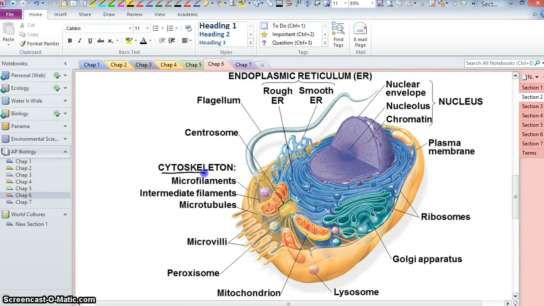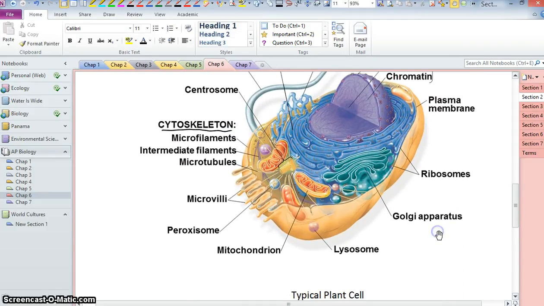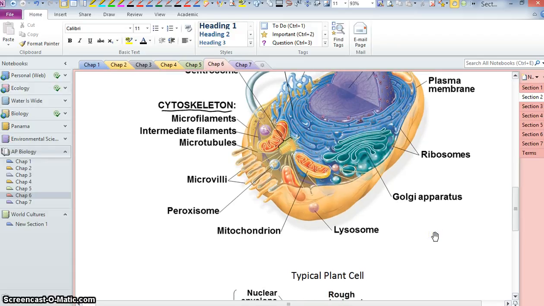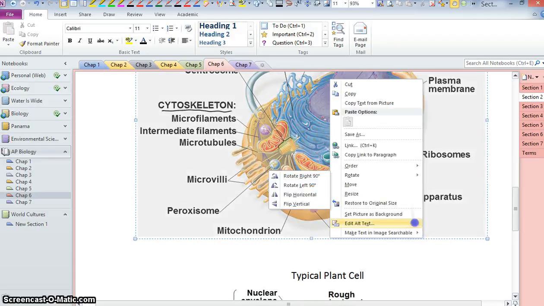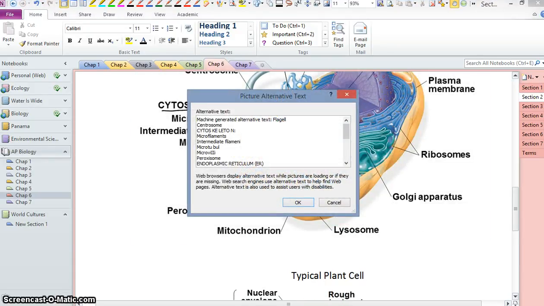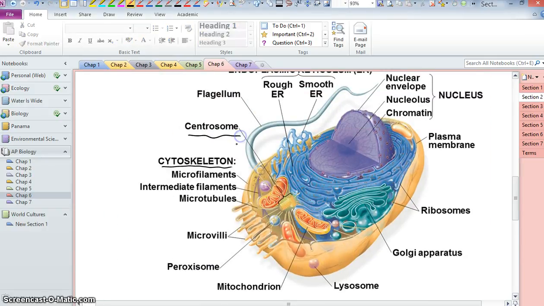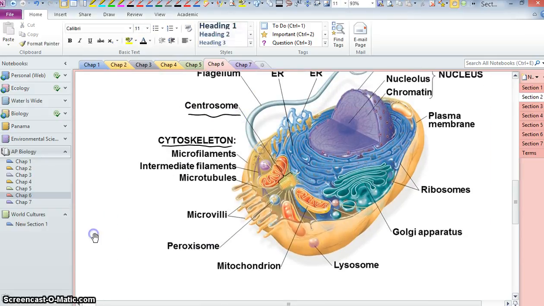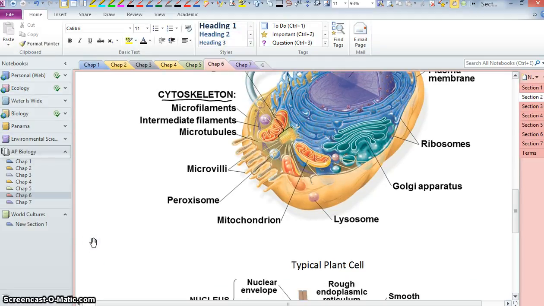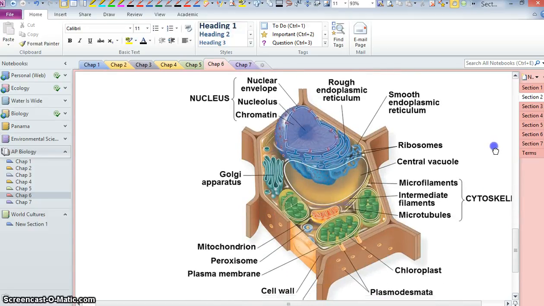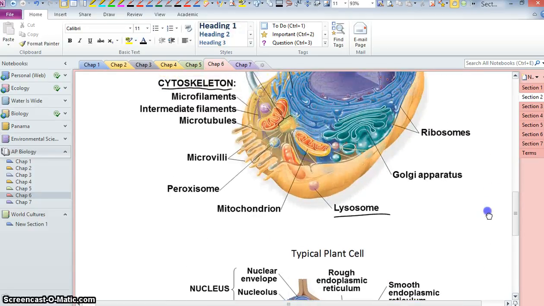Animal cells have a more extensive cytoskeleton, as we'll see. They have this thing called the centrosome that you don't see in plants. It's involved with producing microtubules and cell division. And they have lysosomes that you don't see in plants. These are organelles that contain digestive enzymes.